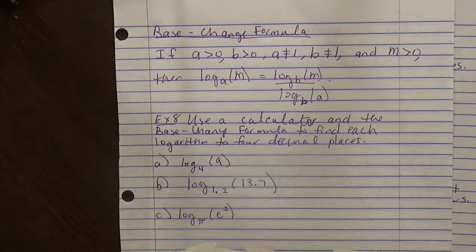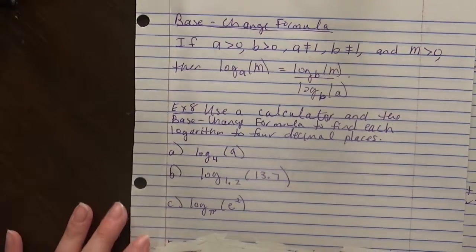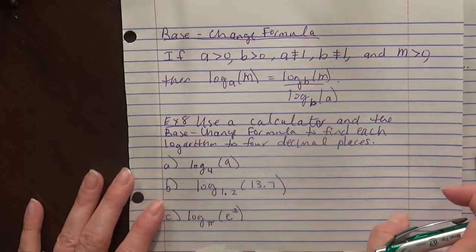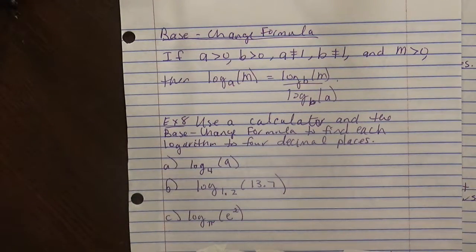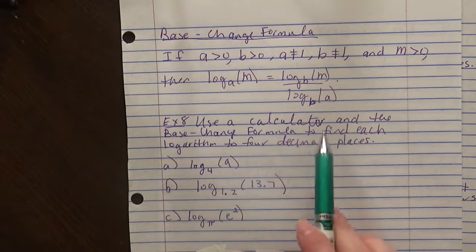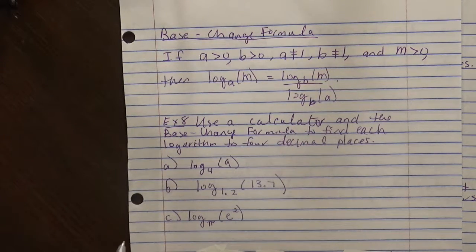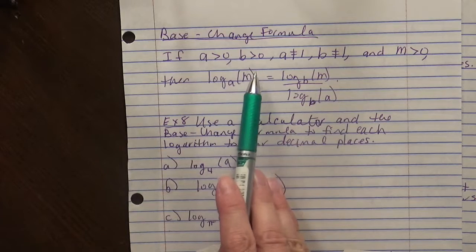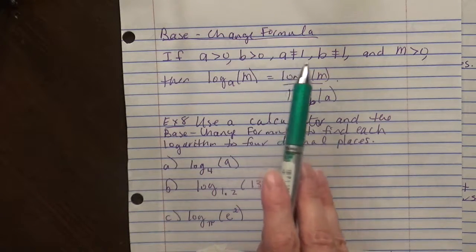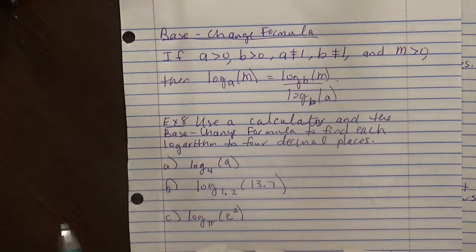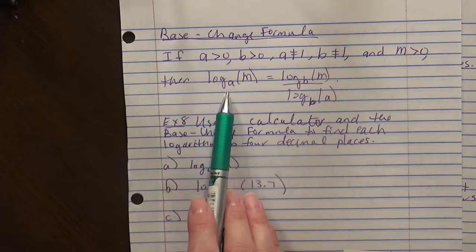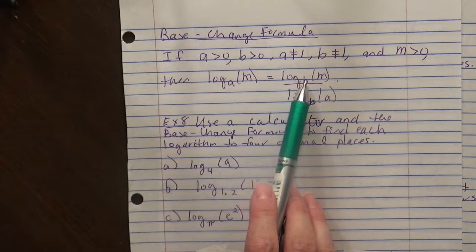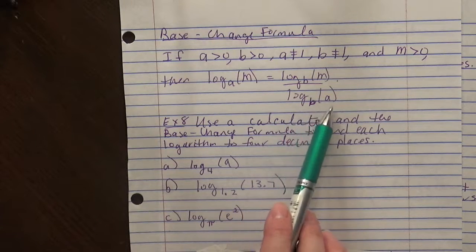Okay, the next thing we're talking about is the base change formula. You're probably going to like this one. Most students don't generally care for formulas, but this one is going to make things really easy for you. It states that if a is greater than 0, b is greater than 0, a does not equal 1, b does not equal 1, and m is greater than 0, then log base a of m equals log base b of m divided by log base b of a.